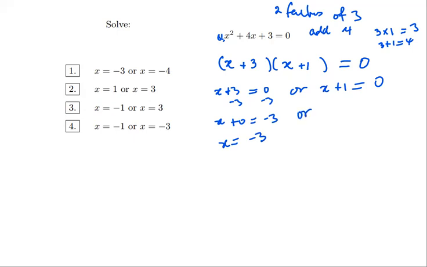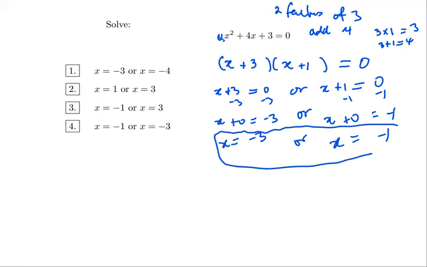If we come back to the other part, we want to get rid of this 1, so we'll just subtract 1 on both sides. So we bring down this x. 1 minus 1 is 0, and 0 minus 1 is just -1. So x is equal to -1. So our solution is x equals -3, or x equals -1. So this is our answer here.